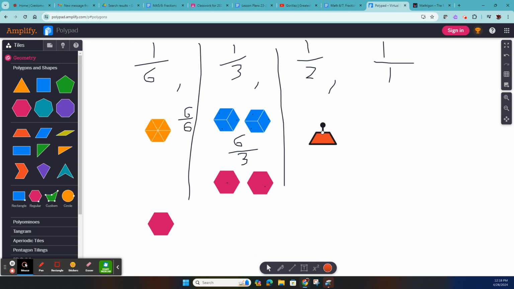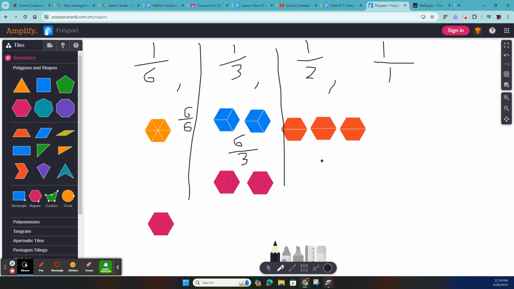Okay, we're talking halves. And they wanted us to have 6 of those bad boys. So let's go ahead with that. 1, 2, 3, 4, 5, 6. Cool. There you go. And what fraction does that make?